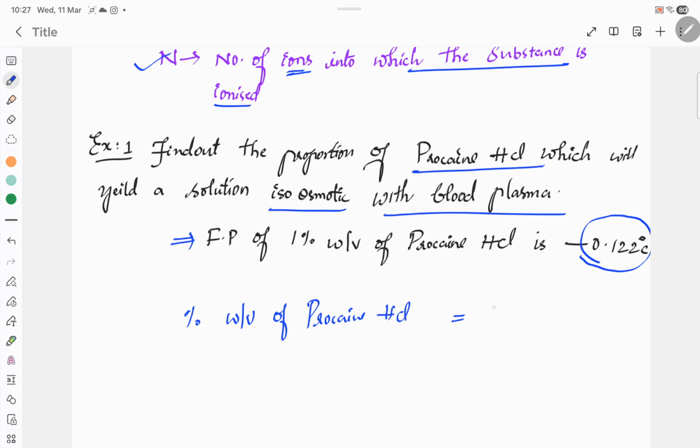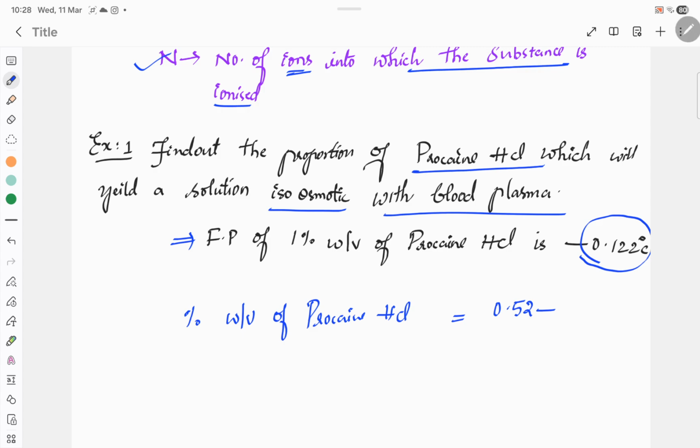required is equal to 0.52 minus, so here what is the freezing point of the unadjusted solution? When the freezing point is not given, we are not going to take any freezing point. So the unadjusted solution here is the sodium chloride, right?